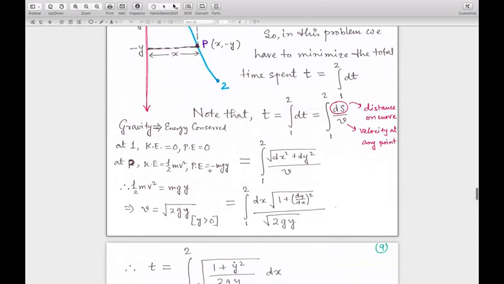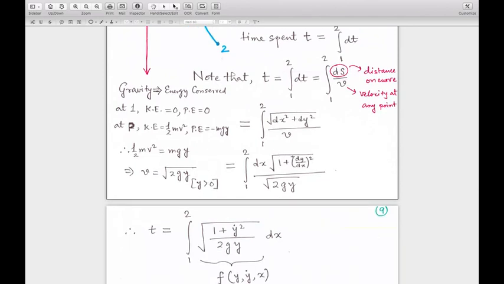So then you can simply replace the value of v here, and you again have something like the integral of f dx, where f is now root over 1 plus (dy/dx) square over root over 2gy.